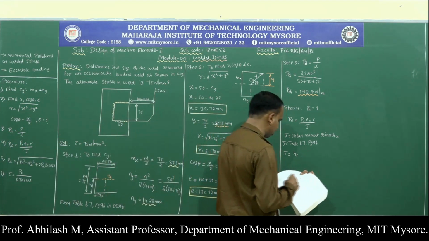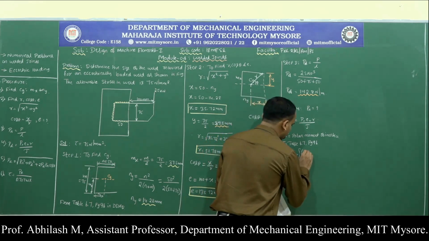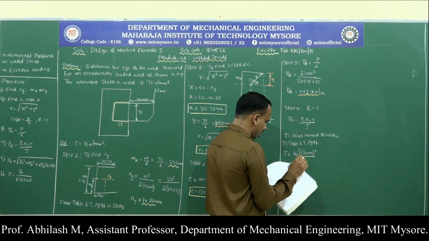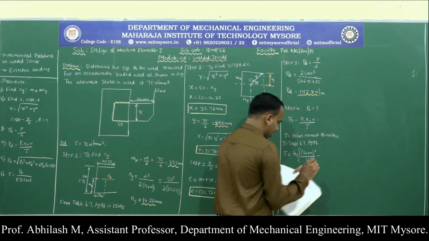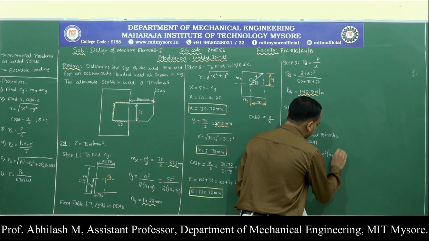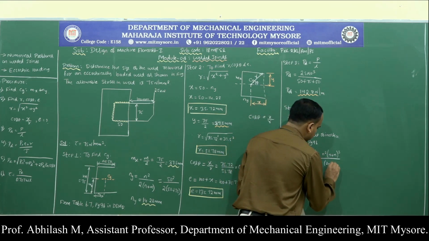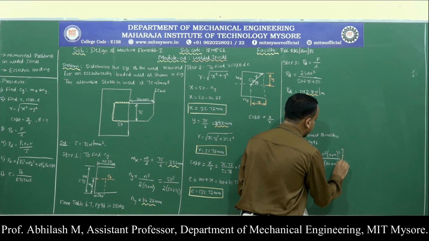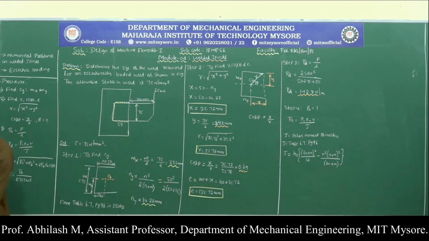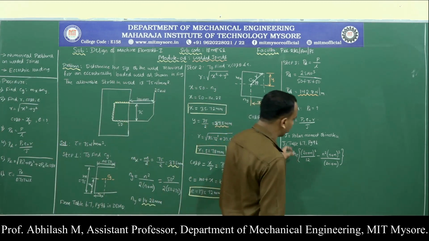So the value of J will be equal to a big relation: (2n plus m) cube divided by 12, minus n square (n plus m) square divided by (2n plus m). This value of J continuously varies for different conditions. So you are supposed to refer to the table in each and every case, and note down the value of J.